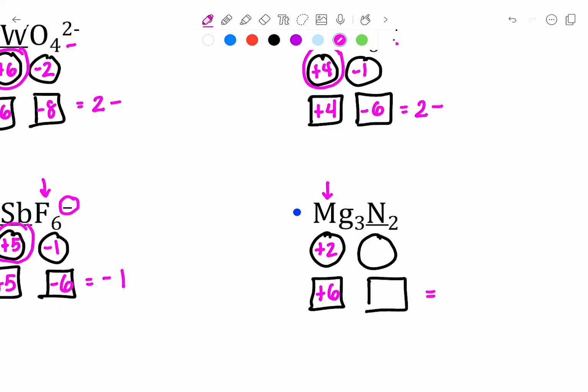Overall, this has a charge of 0, meaning that the contribution from nitrogen must be -6. There's 2 nitrogens in there, so we have to distribute that -6 amongst them. So its oxidation number is -3. So when we go from square to circle, we divide by our subscript.